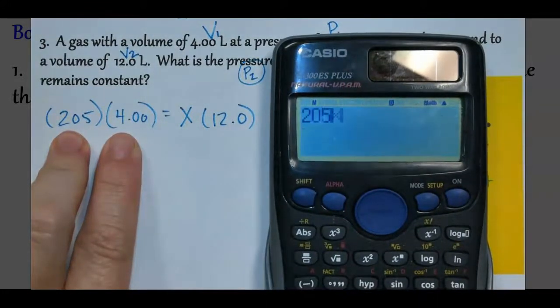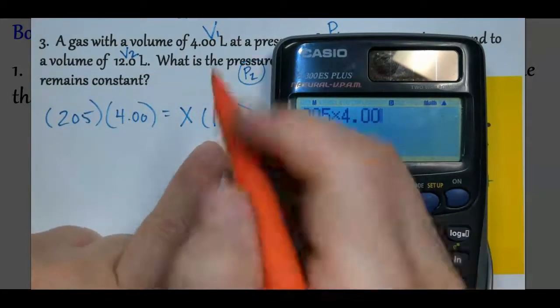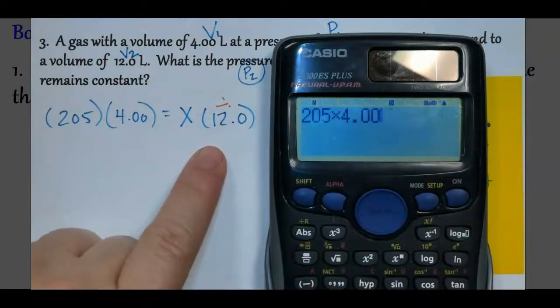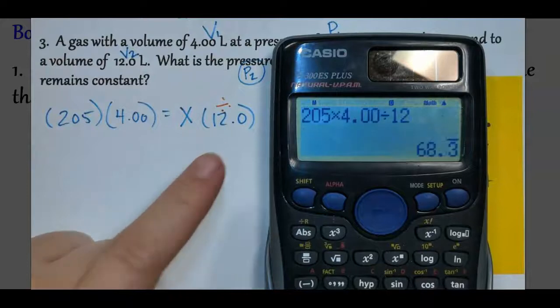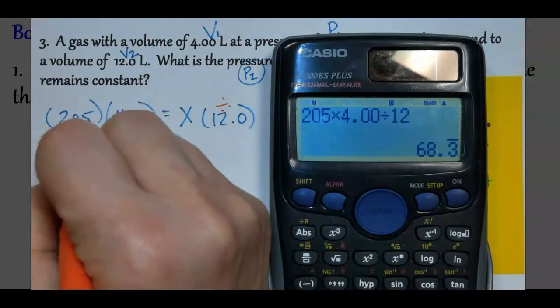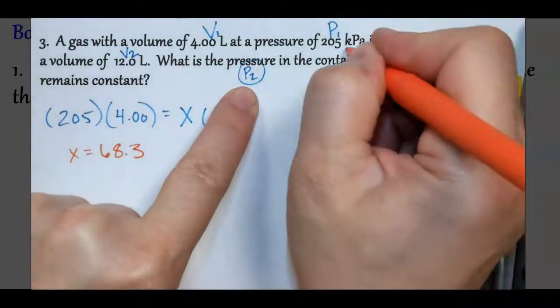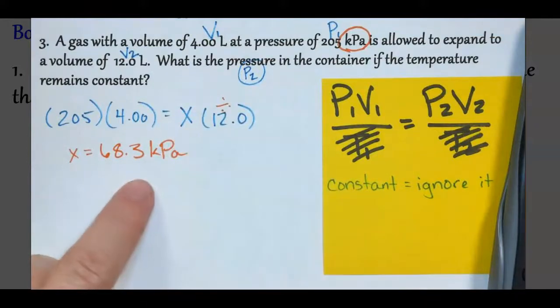So it'll be 205 times 4.00. And then anything on the side associated with the X, we're going to divide by it. So divided by 12, and that's going to give us X equals 68.3. And then notice that we are solving for P2, so whatever the unit is for P1, that's the unit on my answer, which is kilopascals.